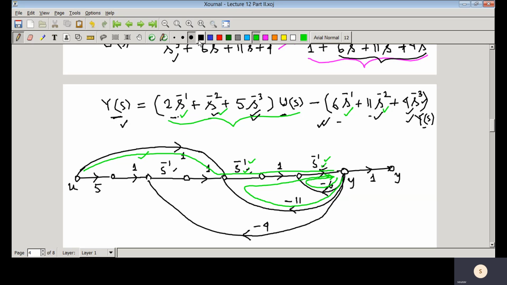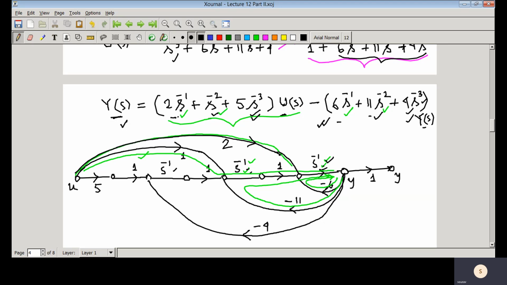For this term you need to draw another branch that will be taking only one s to the power minus 1, this one. So this gain is 2.